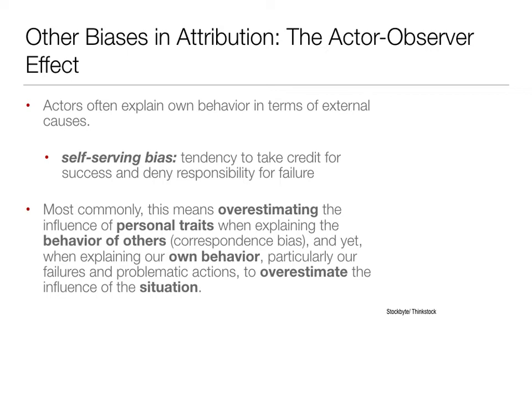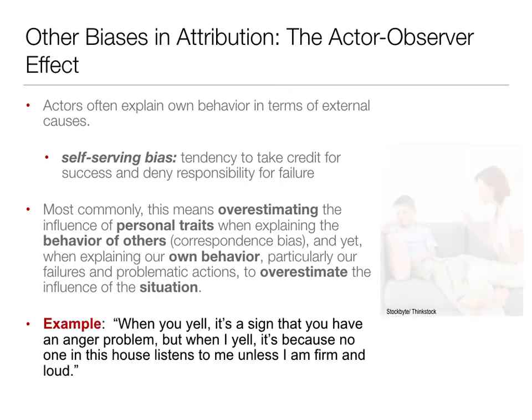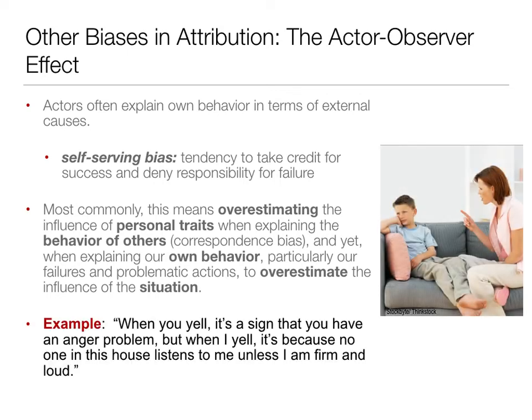And yet, when we explain our own behavior, especially our failures or problematic actions, we overestimate the influence of the situation. So, for example, if she's yelling at me, I'm going to say she's got an anger problem, she's being disrespectful, you're going to get grounded, you can't do that, we don't talk to people that way.